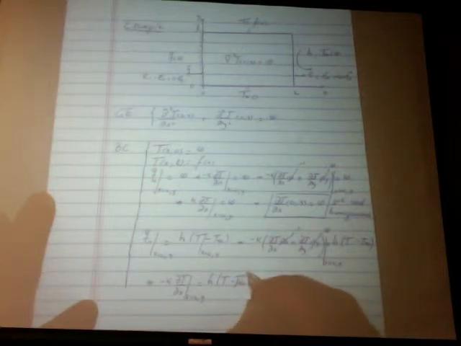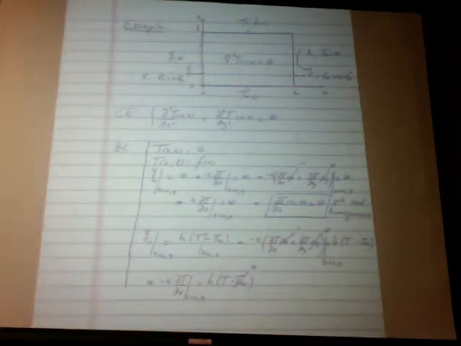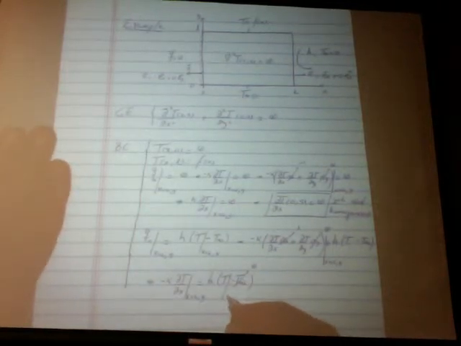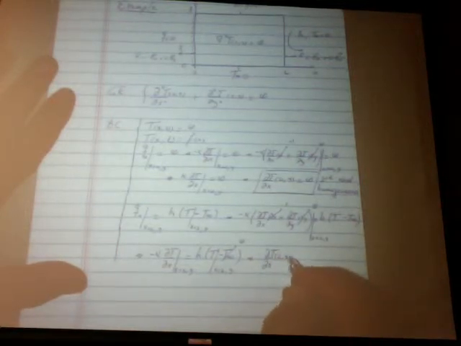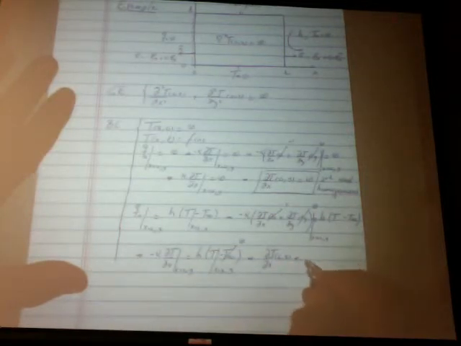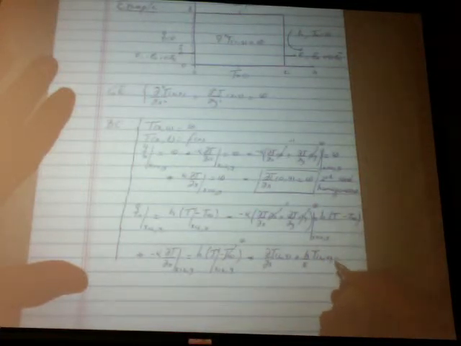And remember that the T infinity that we were given is 0. And this is at x equal L, comma y. And that's simply dT dx at L, comma y. This is minus, so plus h over k, T at L, comma y is equal to 0.